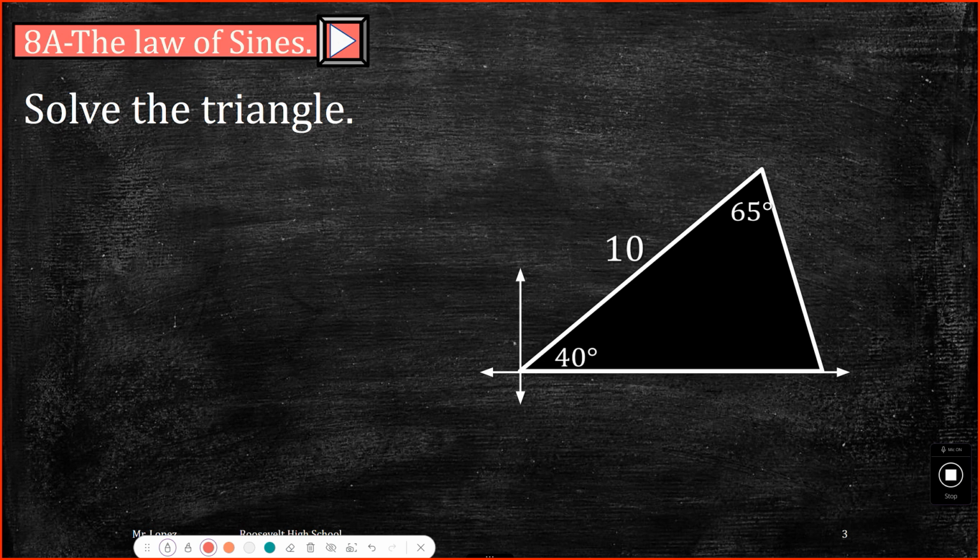So that's a problem. We can't just go sine of 40 degrees is the opposite over this, because it's not 90. This right here is not 90. This is not 90. You got a problem.